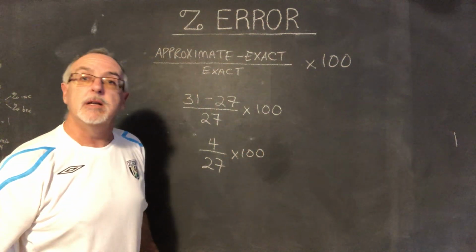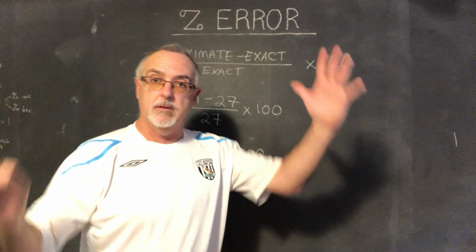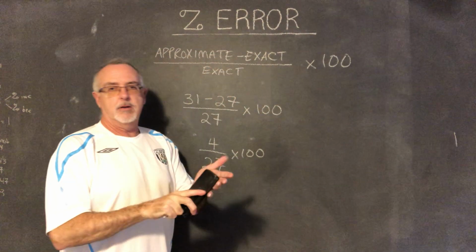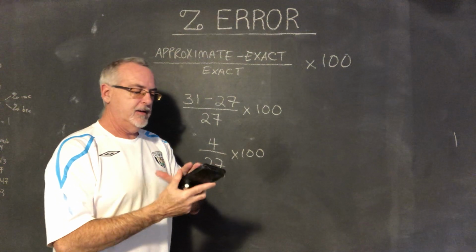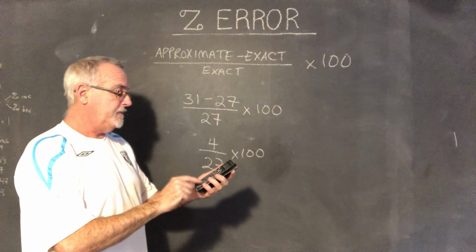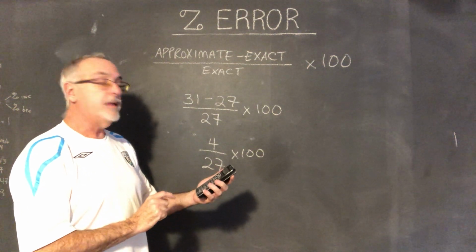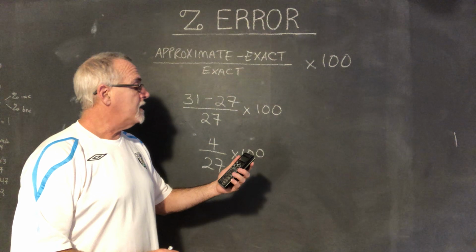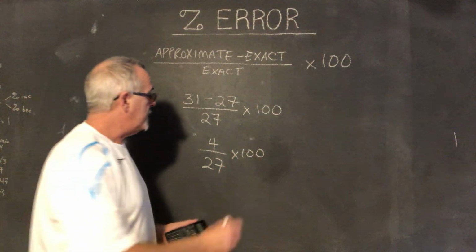Is this all going to fit nicely in the rectangle of the Zoom? Yes, it is. Okay, chalk dust all over my calculator. Okay, 4 divided by 27. And thank you, student, for your estimate. And I get 0.148148148.